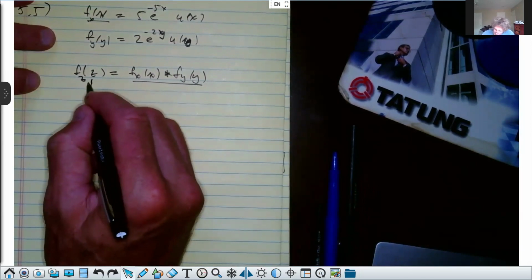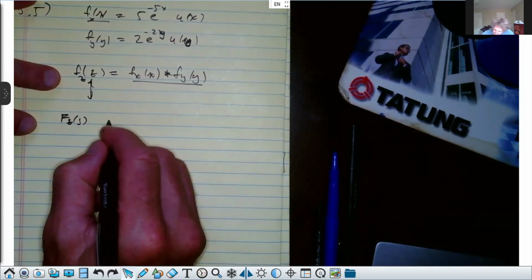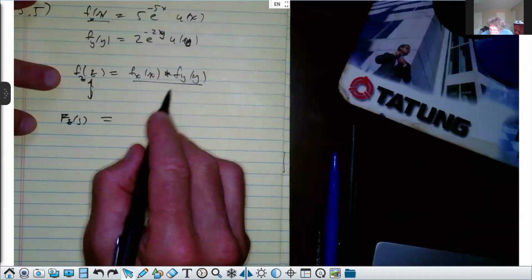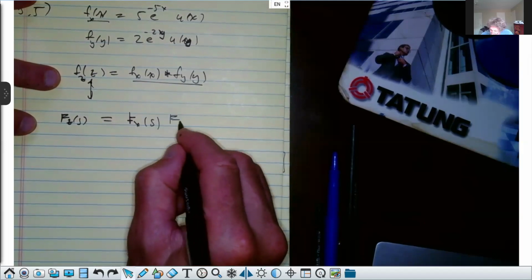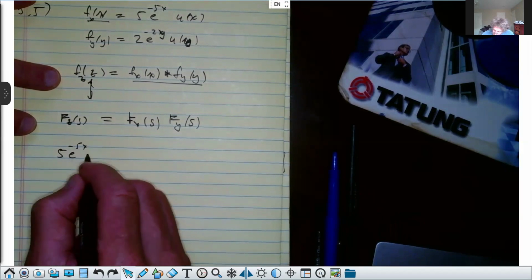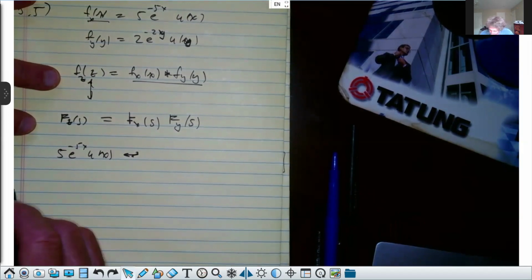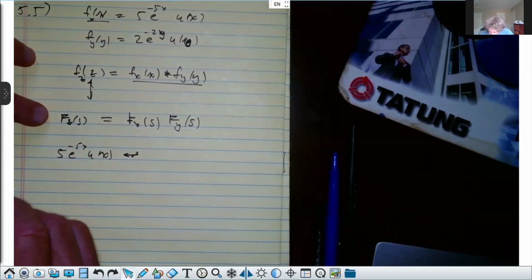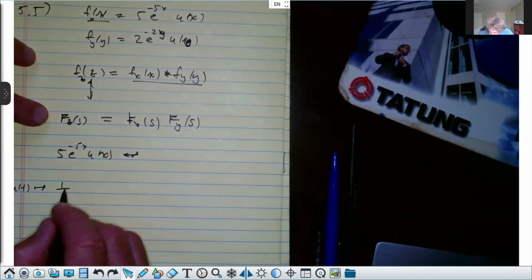So if I take this, I'm going to get my F_z of s equal to, and now it's multiplied, F_x of s times F_y of s. 5e to the minus 5x u of x transforms, and the whole idea is e to the minus at u of t transforms as simply 1 over s plus a.